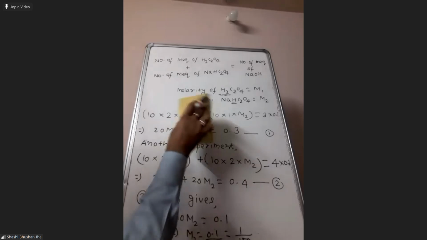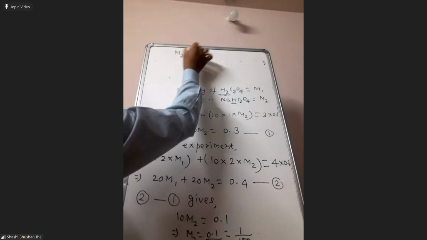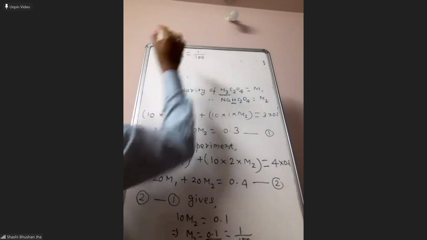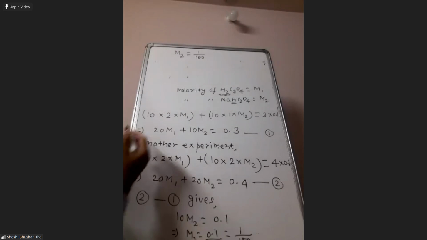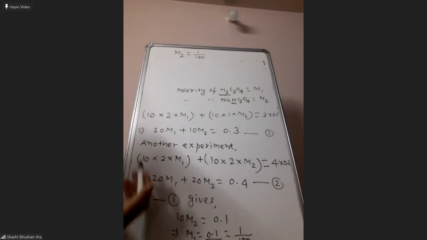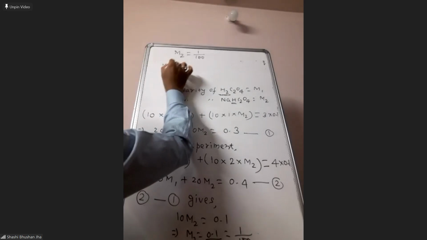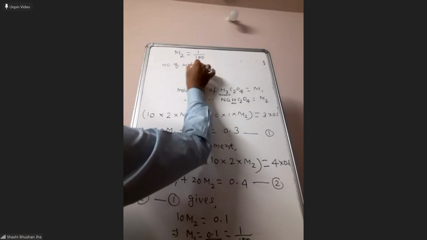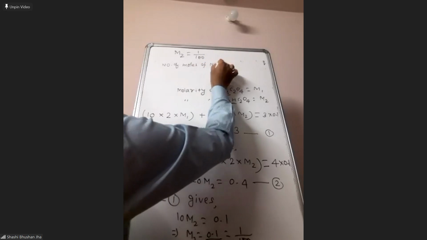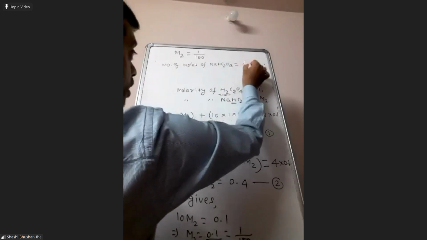M2 is the molarity of sodium bioxalate. So we got the molarity of sodium bioxalate. This is 1 by 100. Now the volume of solution is 1 liter. So the number of moles of sodium bioxalate will be 1 by 100 only.